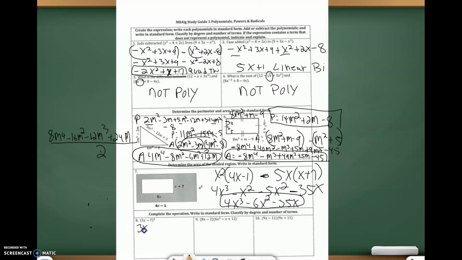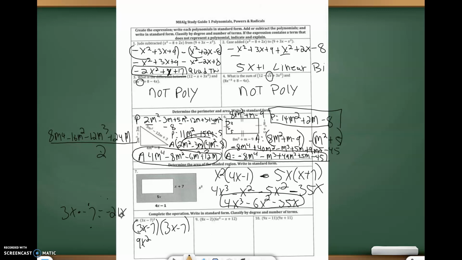Number 3. 3x minus 7. Remember, there's two of these, okay? I think I discussed a shortcut before. You could take 3x times itself, so that's 9x squared, right? Then you take 3x times negative 7, which is negative 21x.